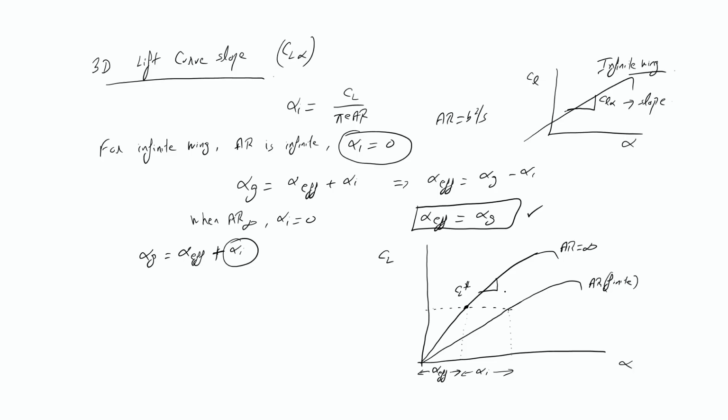This is dCL by d alpha, and this is also dCl by d alpha. So this is C small l alpha and this is C capital L alpha. So now can you comment, has your slope increased or decreased? Okay, so it is clearly visible, your slope has actually reduced. So CL alpha is less than C small l alpha. Okay, and please note that the 3D lift curve slope will always be less than the 2D lift curve slope.